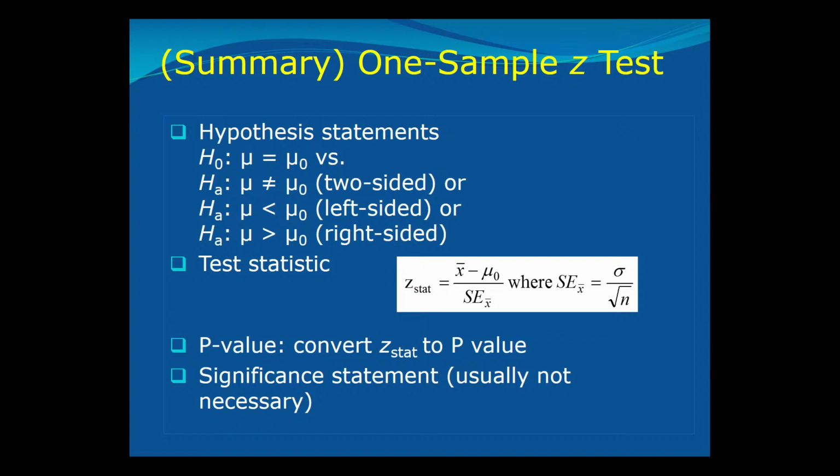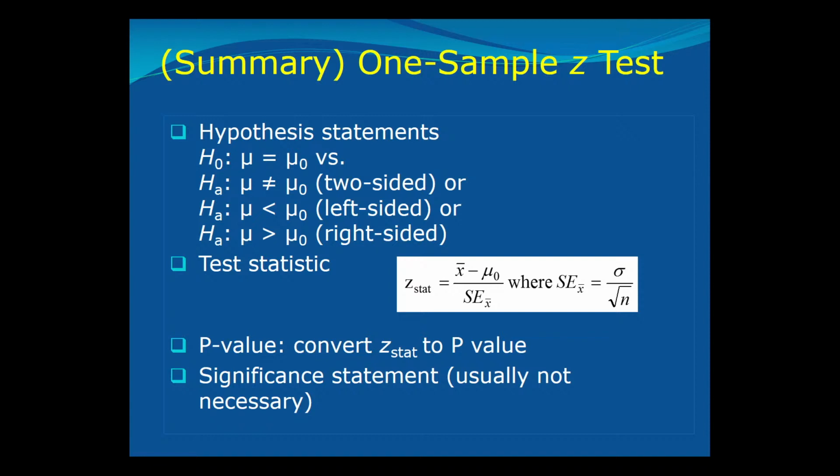And there are three possible alternative hypotheses. If we state that there is a difference, and we aren't interested in the direction, we should use a two-sided or two-tailed test. In this case, we should type the alternative hypothesis as the mean from one population doesn't equal the mean from another population.